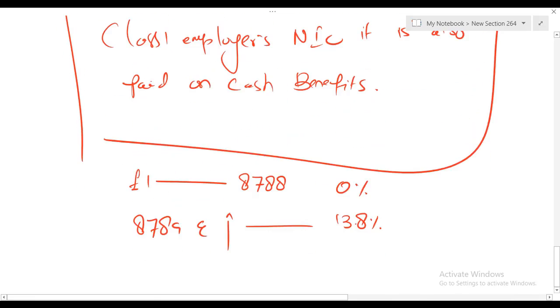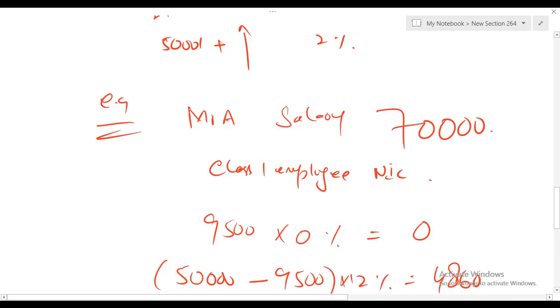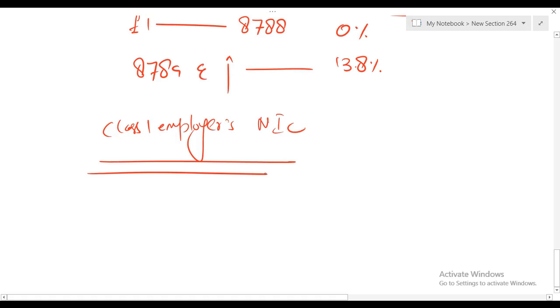Okay. Let us calculate class 1 employer NIC on this salary, which is 70,000. So how are we going to calculate? Till 8788 into 0%, it is 0.